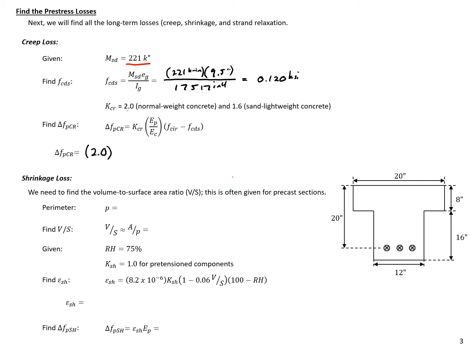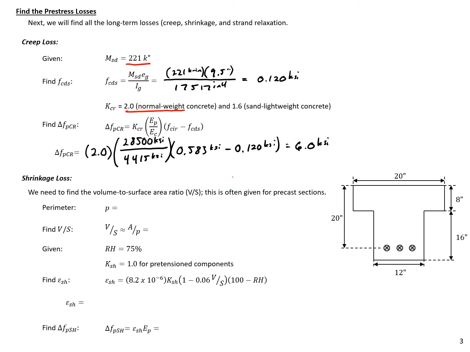We're assuming that we have normal weight concrete, so we have a K_cr of 2.0 times 28,500 ksi divided by 4,415 ksi times 0.583 ksi minus 0.12 ksi. This will give us a creep loss here of 6.0 ksi.